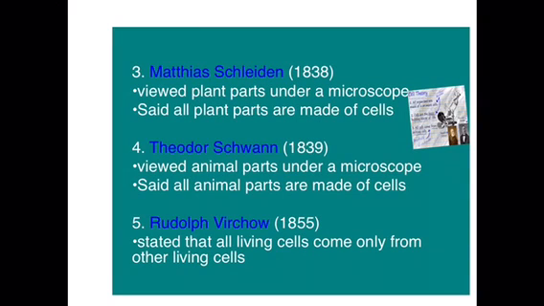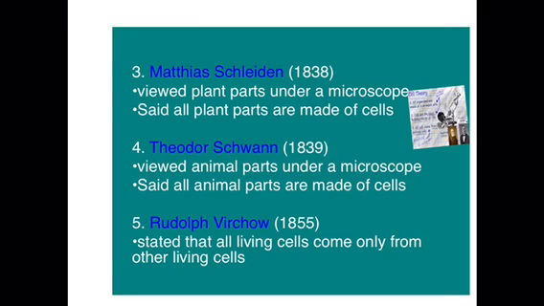Some other important scientists we need to mention are Matthias Schleiden and Theodor Schwann. These scientists start to hone in on some of the specifics of the cell now. Matthias Schleiden looked at plant parts underneath the microscope and established the fact that plants are made of cells.